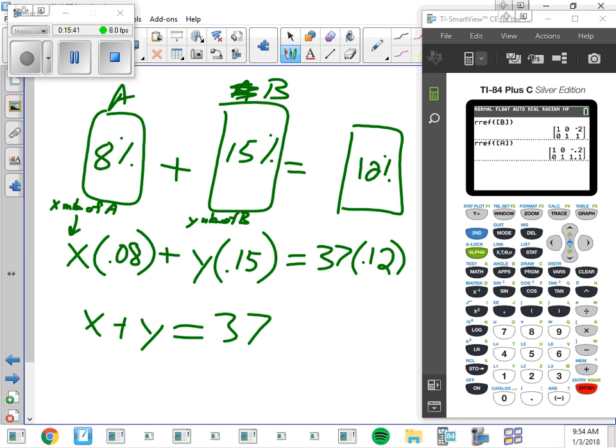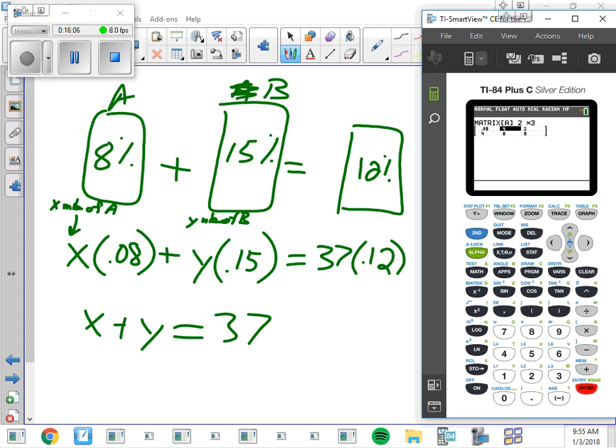Now, we don't want to use substitution or elimination here. We just want to plug it into our calculators. So go into matrix. It's a 2 by 3. And I'm just going to do 8. No, I'm not. I'm going to do 0.08.